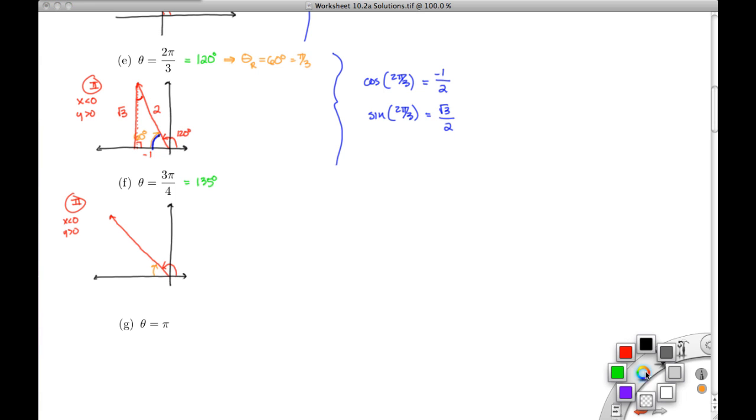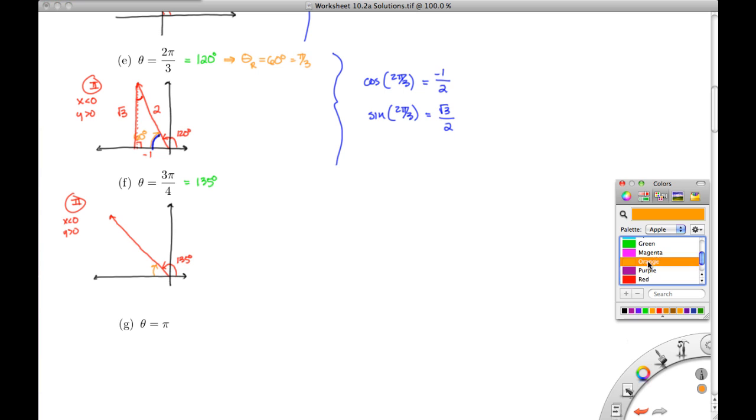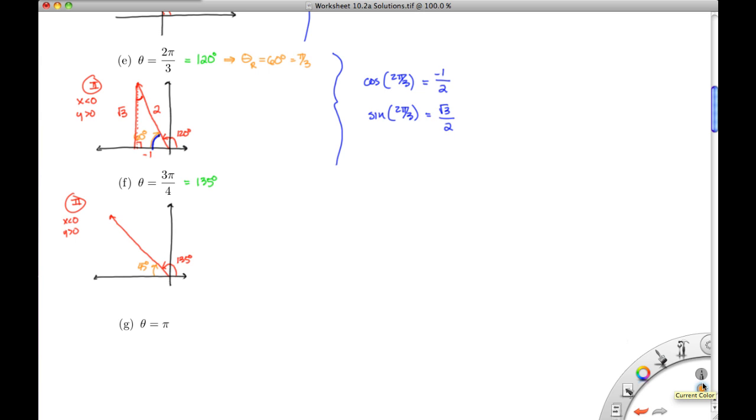So what is the measure of that angle? Well, the measure of the original angle was 135. So in order to get from there to 180, which is the other side of the x-axis, this angle right here would have to be 45 degrees. So again, we've got a 45-degree angle, which allows us to use our 45, 45, 90 right triangles.